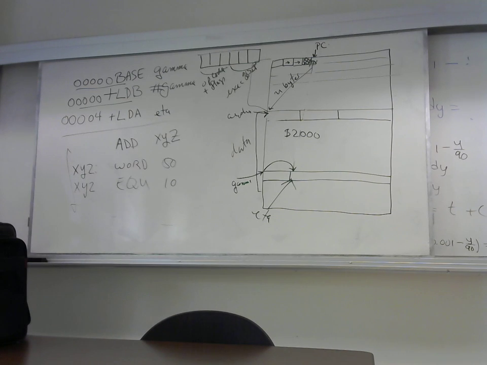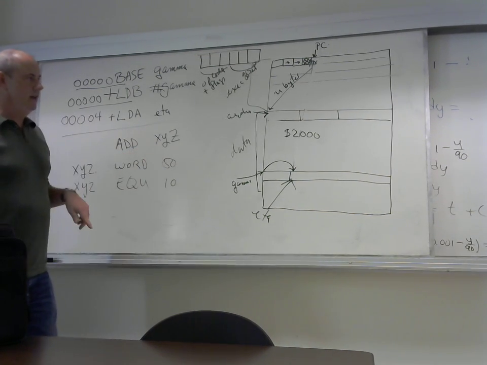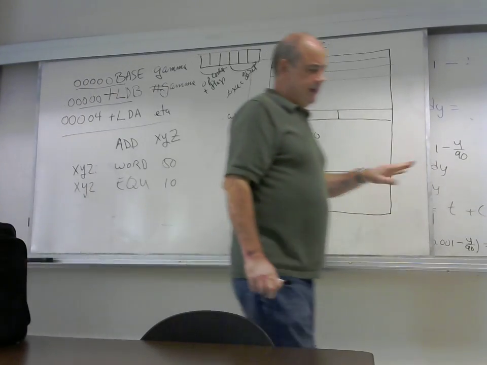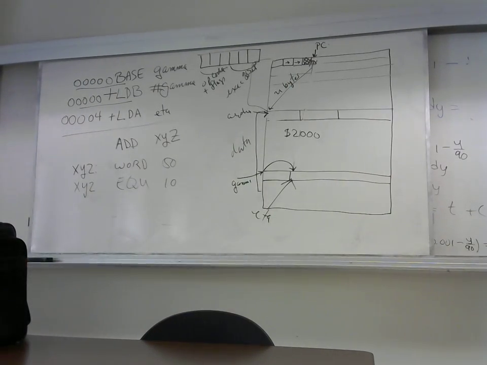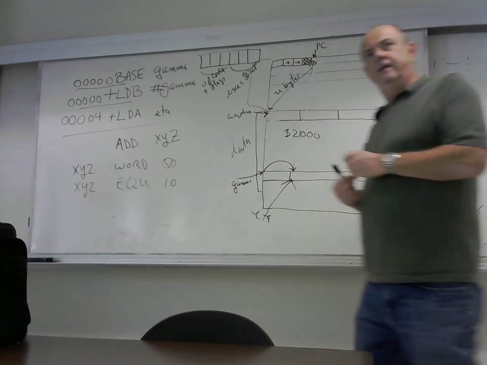Otherwise you have an undefined symbol. So in the first pass, you identify all the labels or user-defined symbols and put them in the symbol table. The second pass, what happens? You're going to encode add XYZ. So you go look in your symbol table, and if there's no XYZ, you have an undefined symbol. You're with me? You follow me here? Okay.